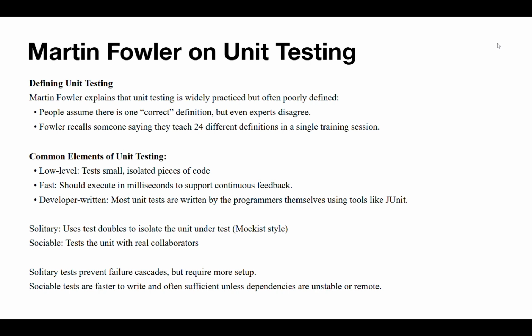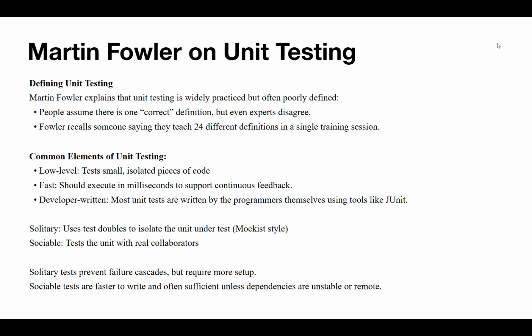Now, what was Martin Fowler's logic? The way Martin Fowler describes unit testing, his perspective on it, emphasizes flexibility. There is no single strict definition of a unit. Some teams treat a class as a unit. Others include tightly coupled collaborators.